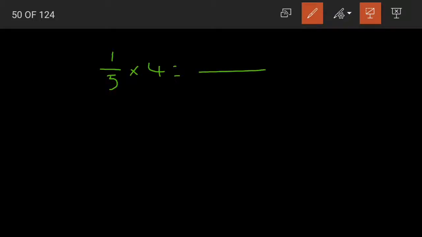How to multiply? Multiply the numerator and whole number. 1 into 4. Write the denominator as it is. 1 into 4, that is 4, divided by our denominator 5.